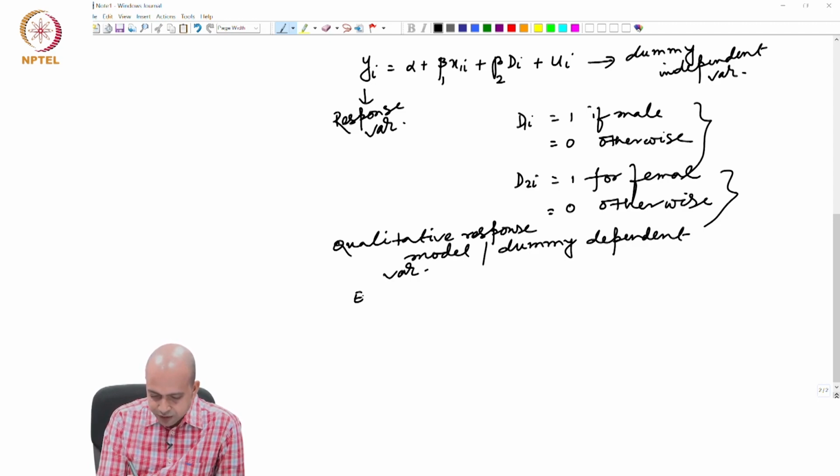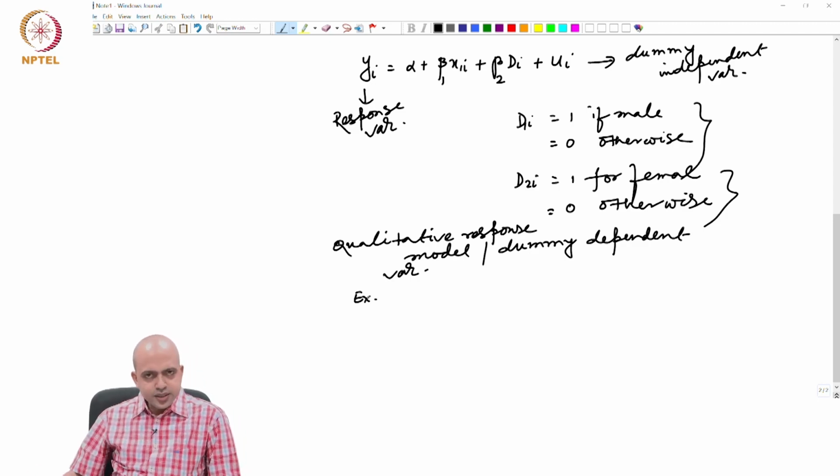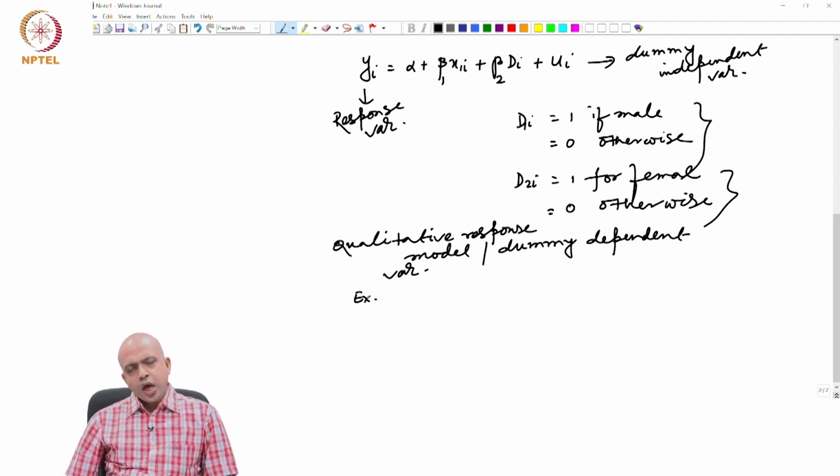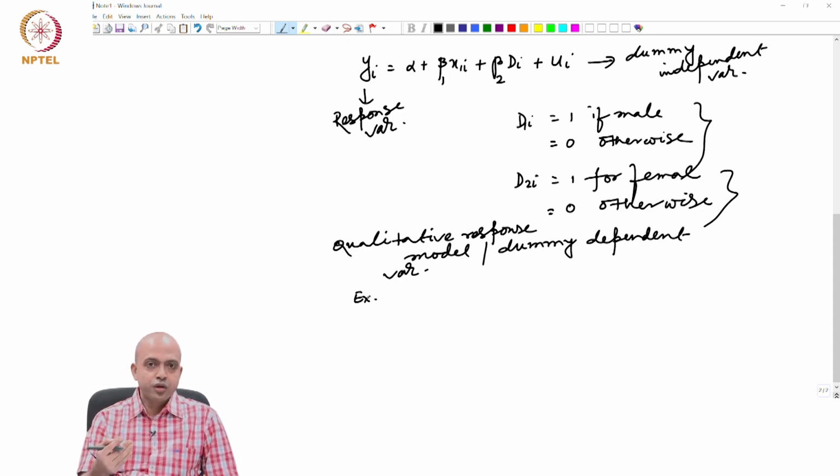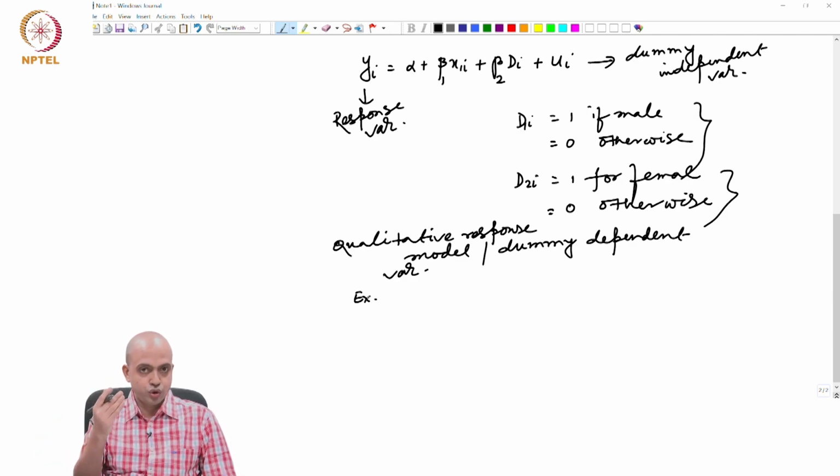For example, let us say that we are interested to see what the factors are that determine whether the individual will have his or her own house or will stay in a rented apartment. You are interested to estimate the factors that will determine whether an individual will possess his or her own house or not.